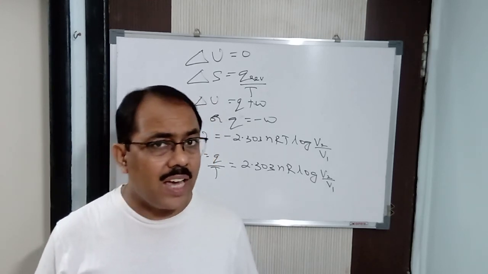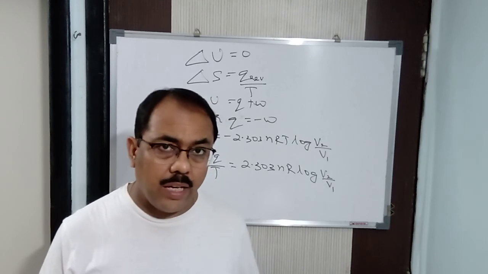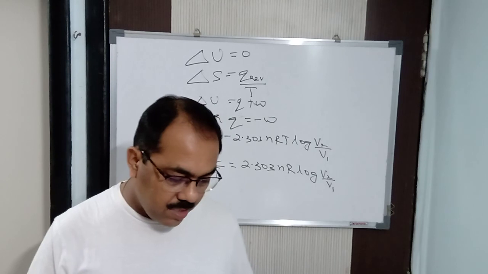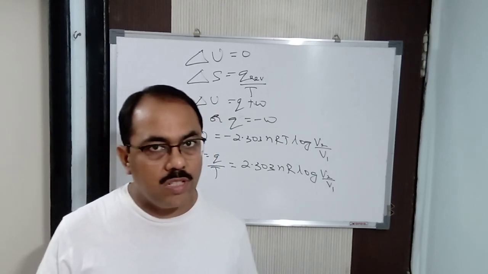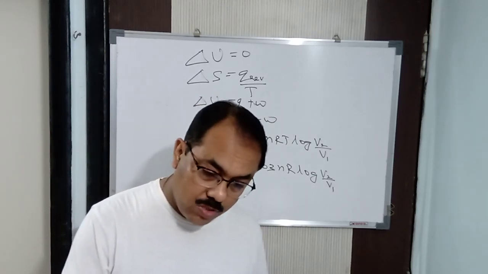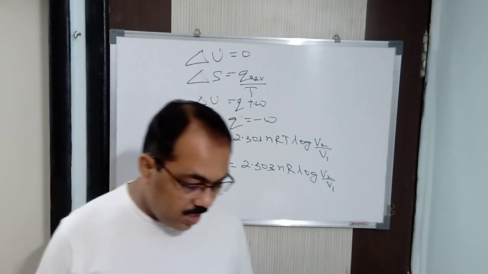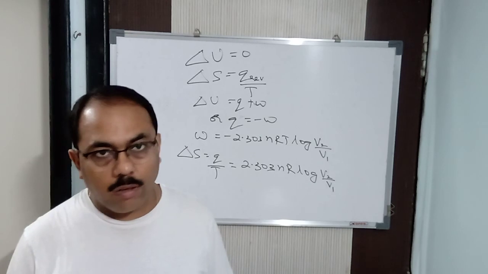The second one is the isochoric process, because Cv is the heat calculated at constant volume. So again I repeat, for an isobaric process delta S is 2.303 Cp log T2 by T1, and for an isochoric process delta S is 2.303 Cv log T2 by T1. Okay. Thank you.